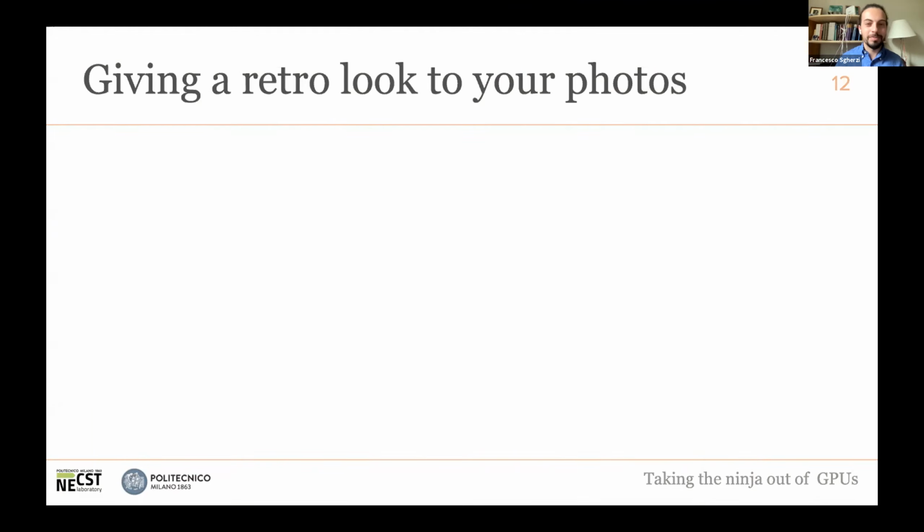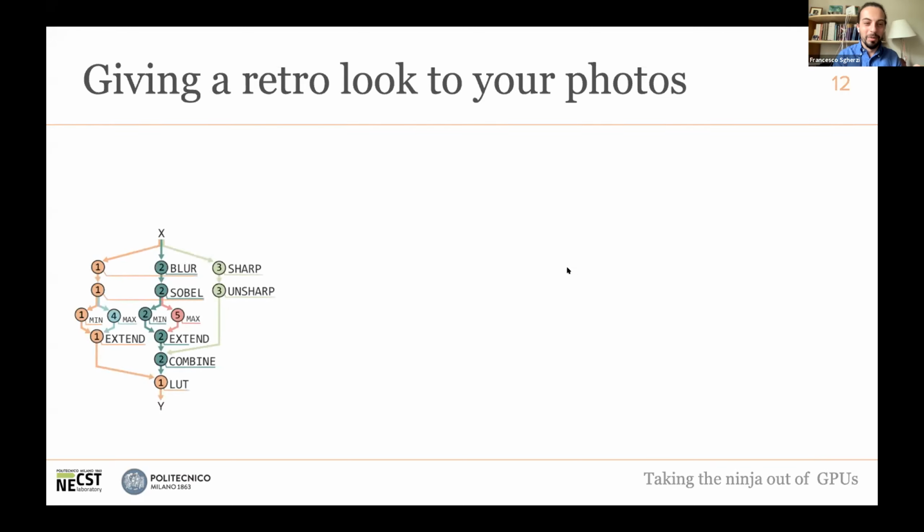And the thing that bothers me the most is when you take a picture with your smartphone, a digital picture, and you want to give it a retro look, but sometimes all the filters that exist just change the colors of the image. They don't change the grain of the image, the actual feel of the image. Since I'm a computer scientist, the most proper way to achieve my goal is in a completely over-engineered way. And this is exactly what we did.